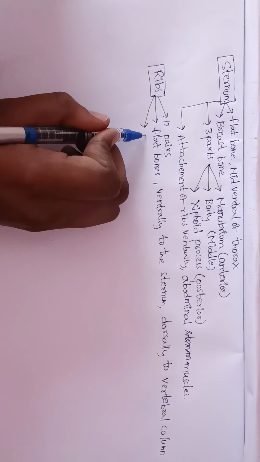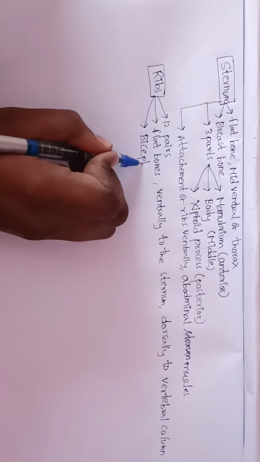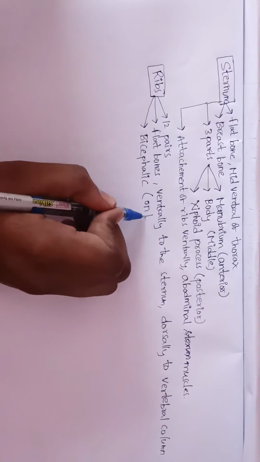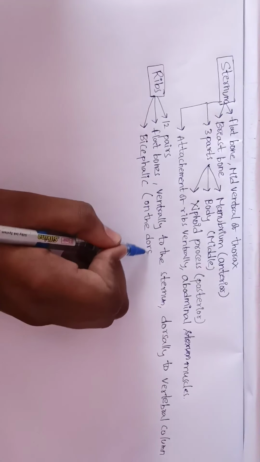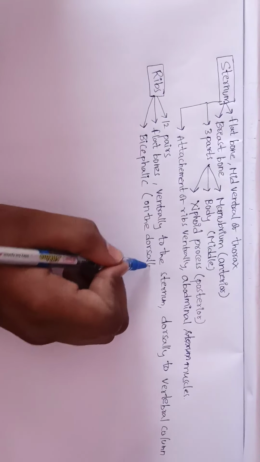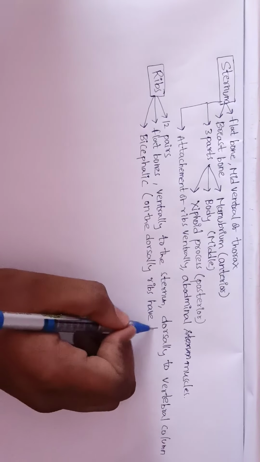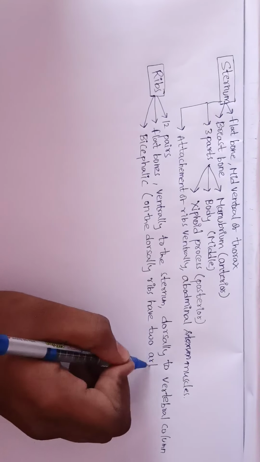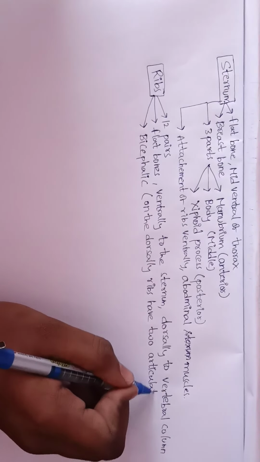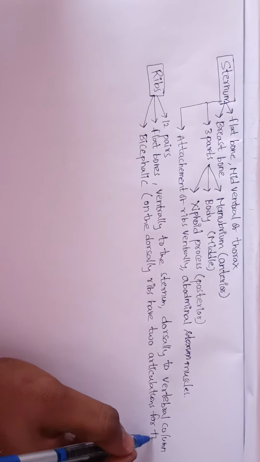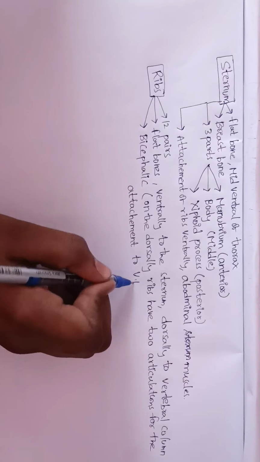Why can we call ribs bicephalic? Because on the dorsal side, ribs have two articulations for the attachment to the vertebral column.